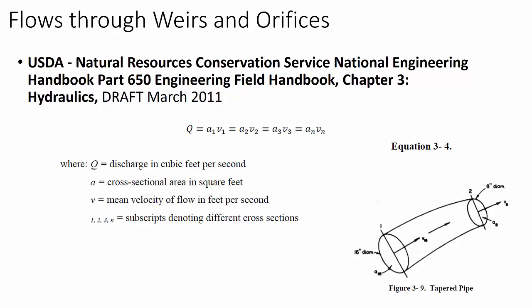But it also equals, so the area and velocity in one section equals area and velocity in another section of a pipe, equals area and velocity in another section of pipe. So AN VN is Q. So that's the basic process of understanding flow through pipes.